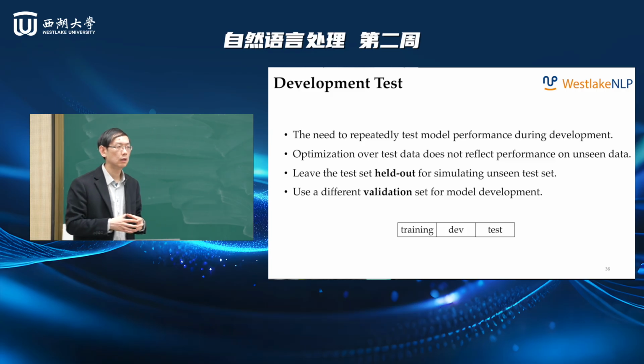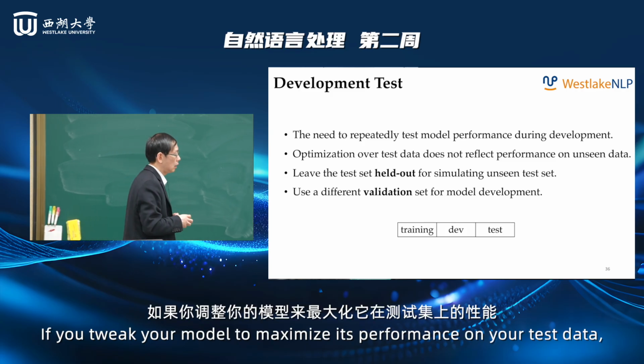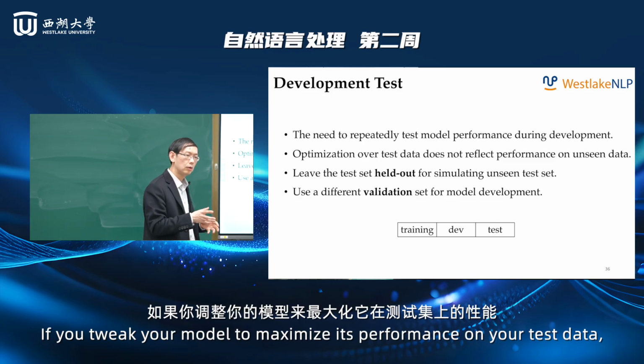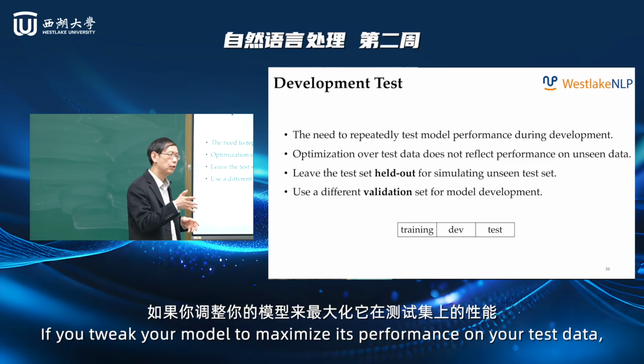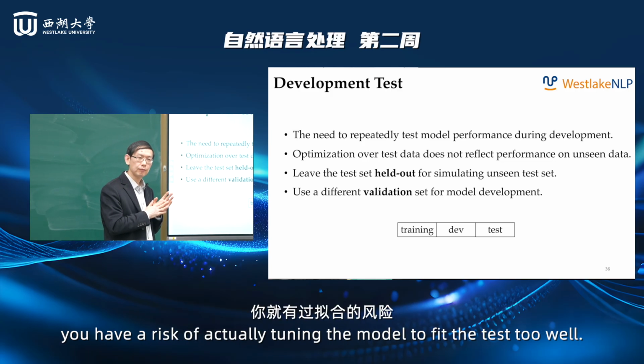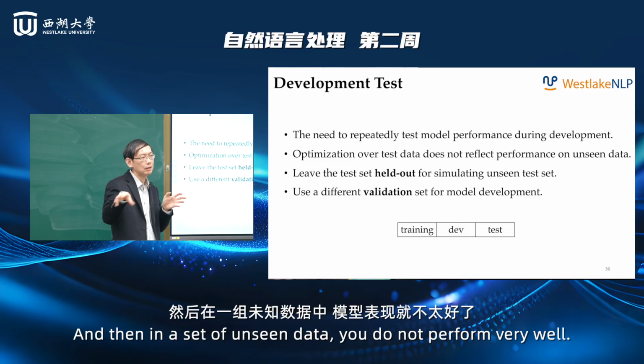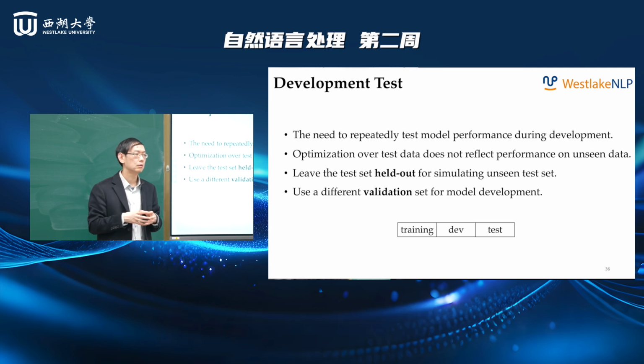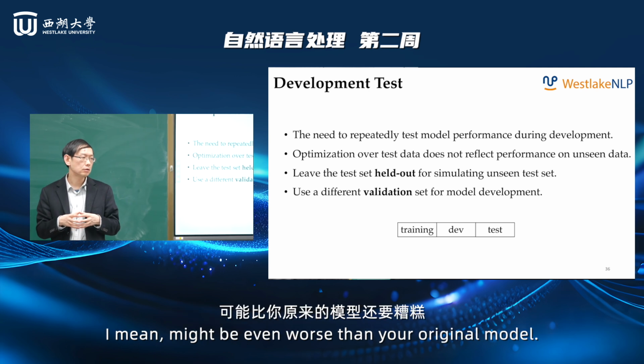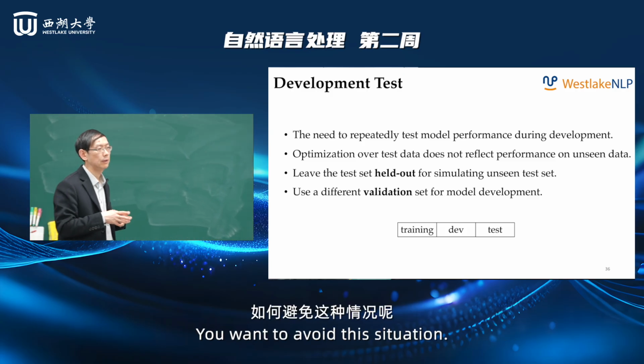So if you tweak your model to maximize its performance on your test data, you have a risk of actually tuning the model to fit the test data too well, and then on a set of unseen data, it will not perform very well. It might even be worse than your original model. You want to avoid this situation.